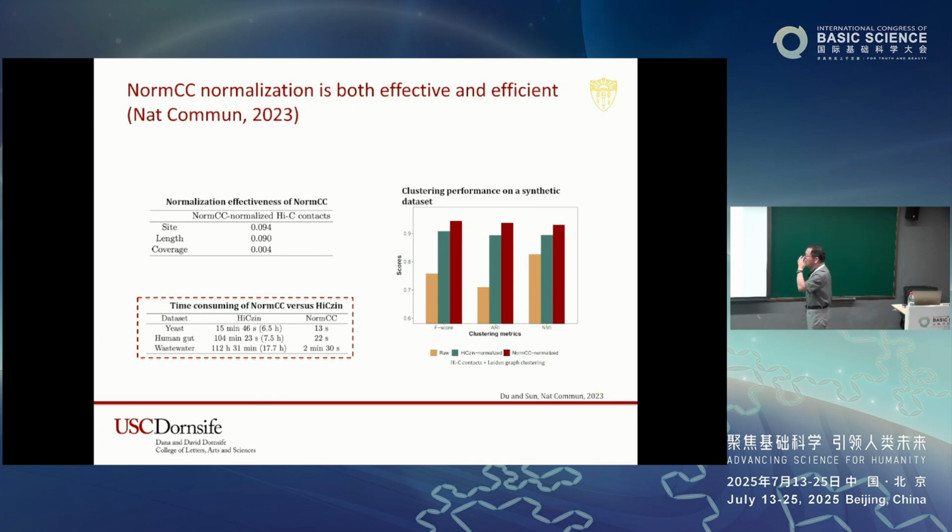For this one, we can see the correlation between the normalized Hi-C and the number, size, length, and coverage. Although it's slightly larger than what we did before, you can still see the correlation is effectively removed, so the biases are removed.